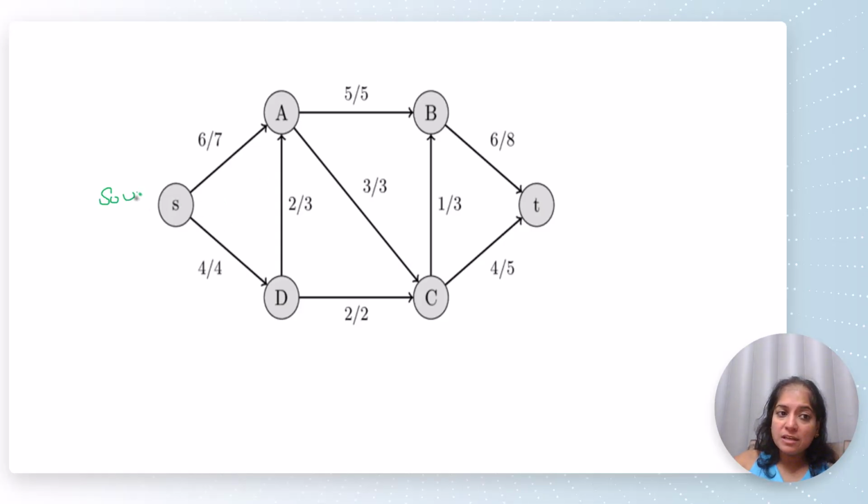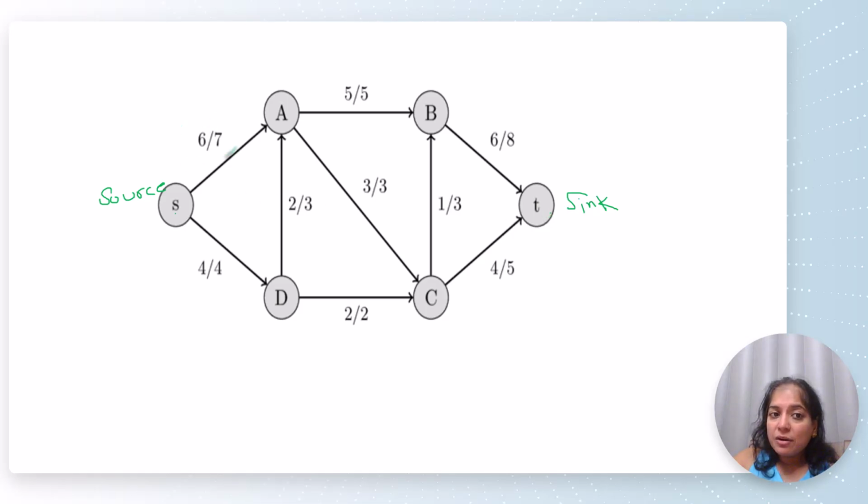S always denotes the source and T denotes the sink. What is the maximum flow of data, water, or traffic that can go in this graph from source to sink?